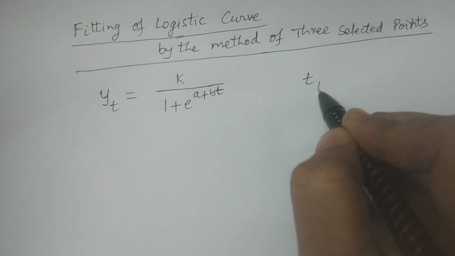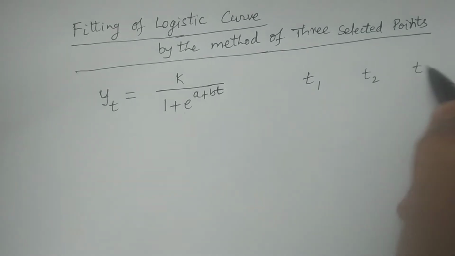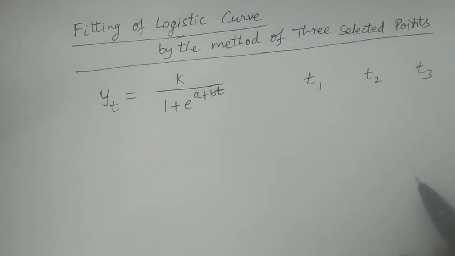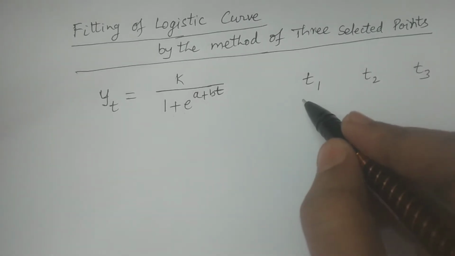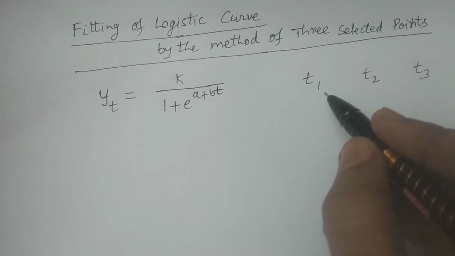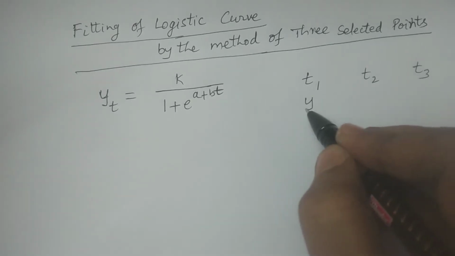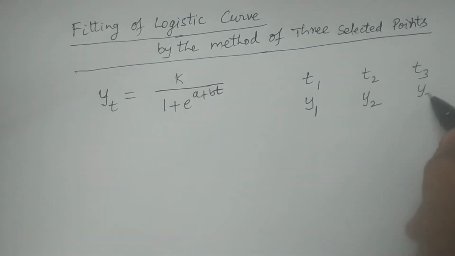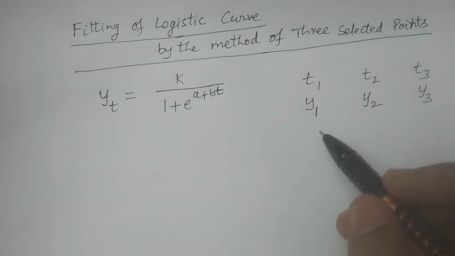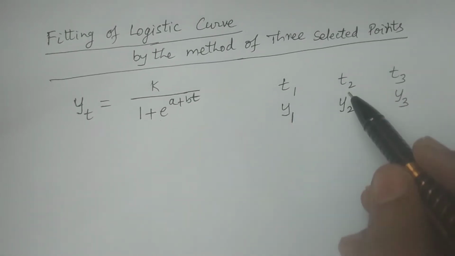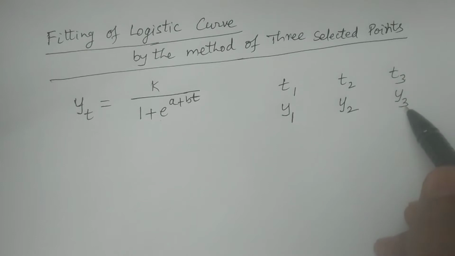For example, t1, t2 and t3 are three particular time points at which the values of the time series variable, generally called the ordinates, are y1, y2, y3. Let the value of the variable at time period t1 be y1, at t2 be y2, at t3 be y3.